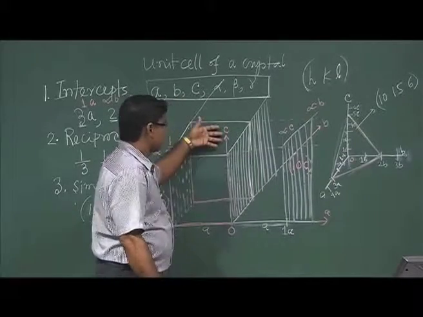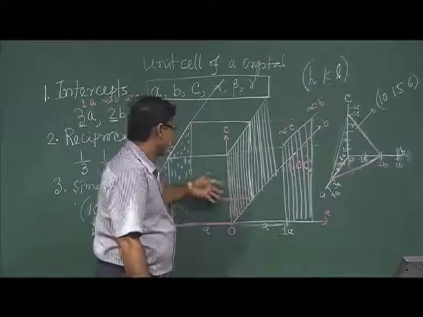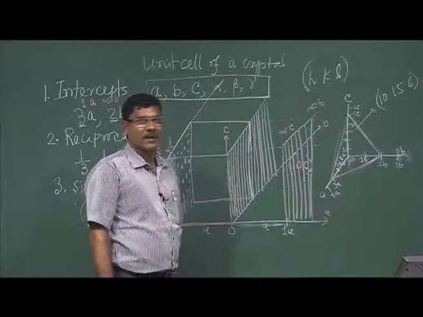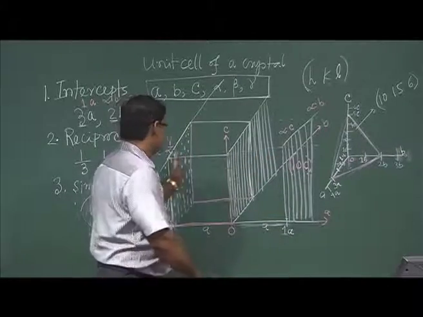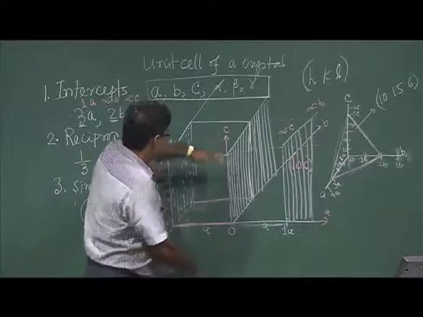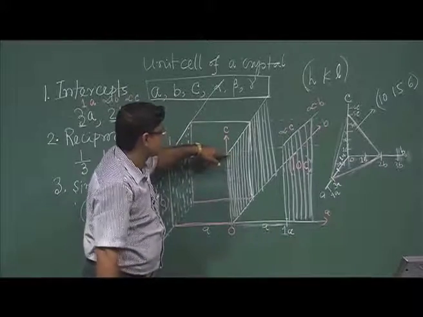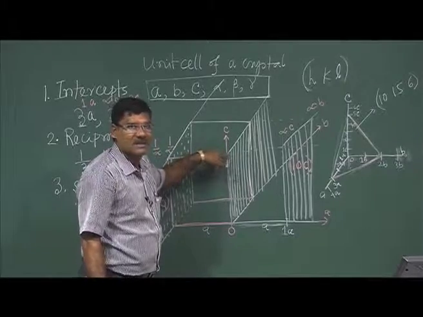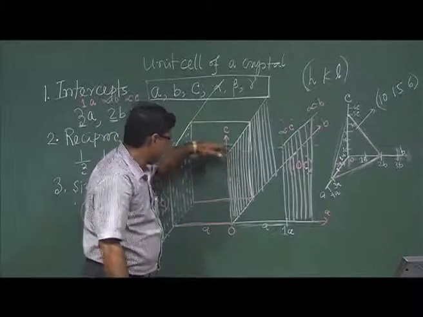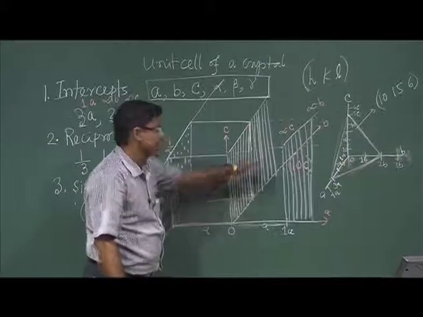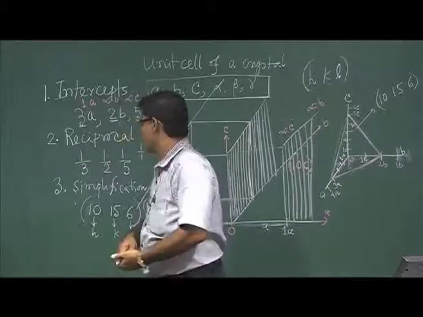That unit cell has 3 sets of parallel planes. One is this, another is this. This one cuts the C axis at 1C, but is parallel to A and B, right.